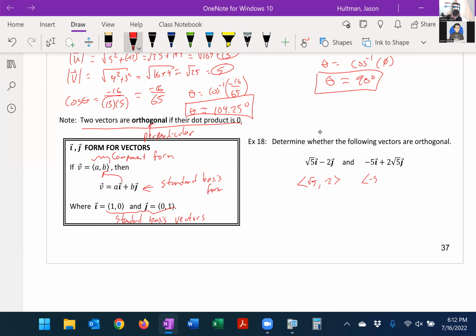This vector is -5, 2 radical 5. So are they orthogonal? Well, let's do the dot product. This is going to get me -5 radical 5, plus -4 radical 5, for a total of -9 radical 5, which is not 0. So it is not orthogonal.